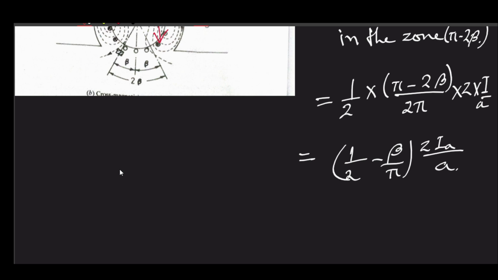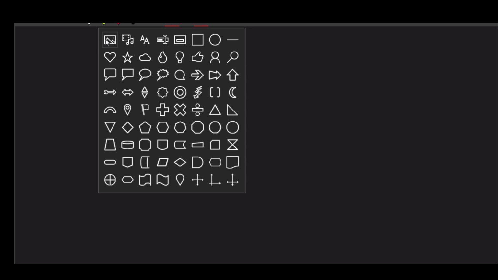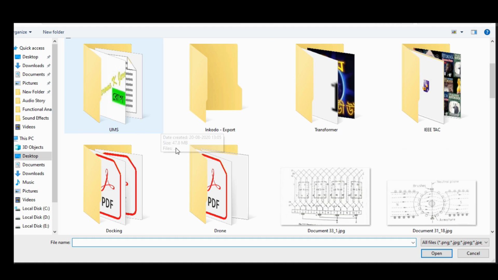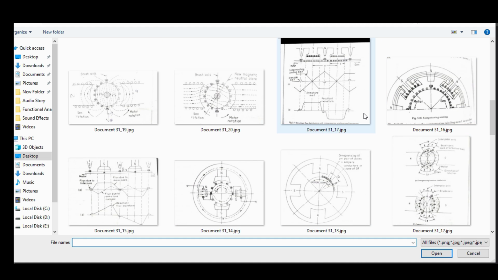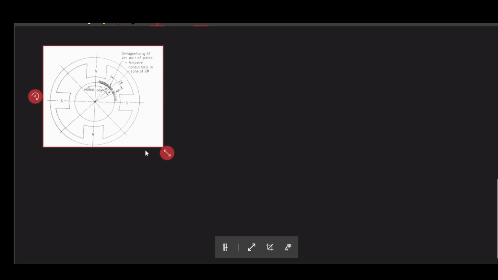So in the case of a multipolar machine also we can show that the same thing holds good. As we calculate the formula for demagnetizing and cross magnetizing flux per pole, we will be able to see that the same thing holds good.